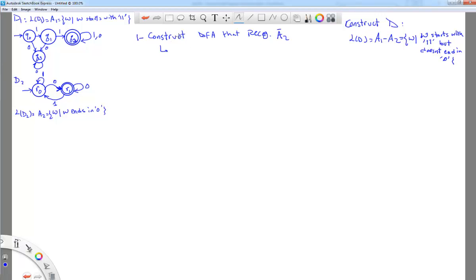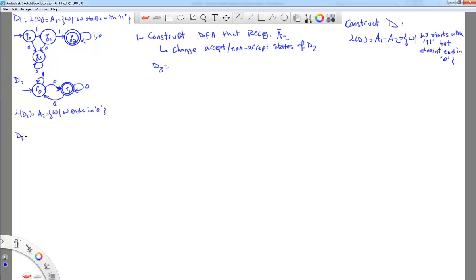So the method was just change accept and non-accept states of D sub 2, right? So then D sub 3 will become, well, actually let's write these guys down then.